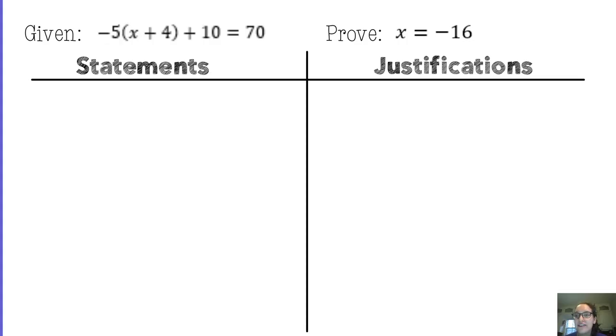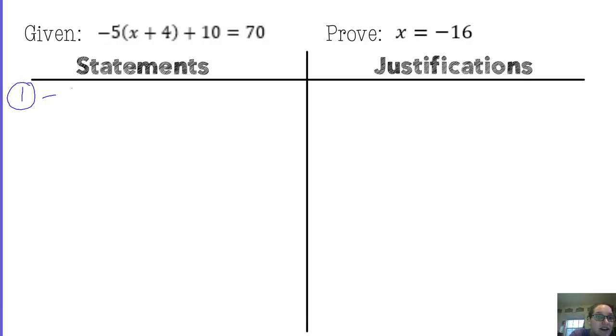Okay, here's our first proof. Our given is -5 times (x plus 4) plus 10 equals 70, and we are trying to prove that x equals -16. So my very first statement, I'm just going to copy the given down exactly. Don't change a thing, exactly as I see it in the given statement.